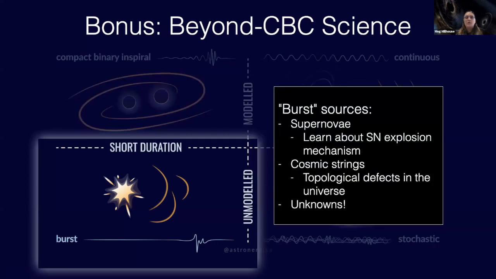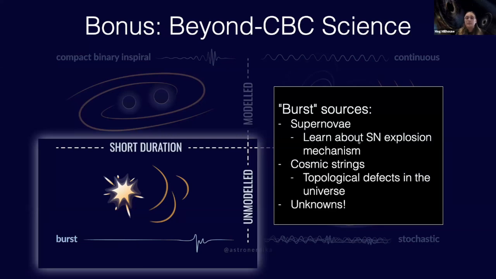On the other hand, we have short but relatively unmodeled sources. I didn't say already, the only thing we've seen so far is compact binary coalescences, but we could potentially get other things. So other short duration signals that we could get, and some things we can learn about them.